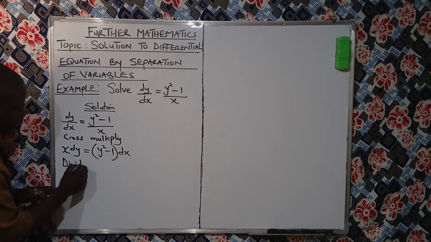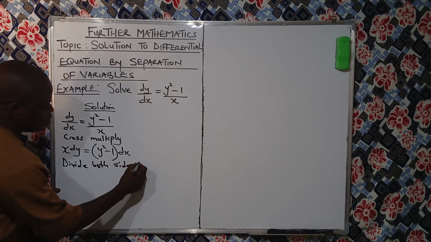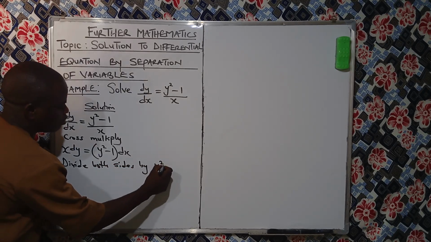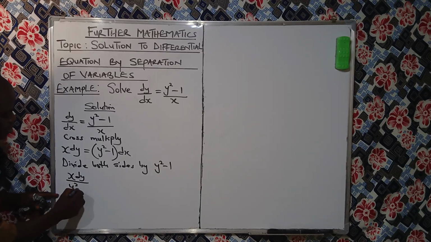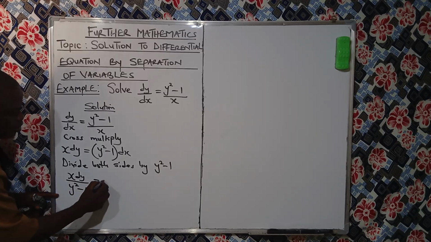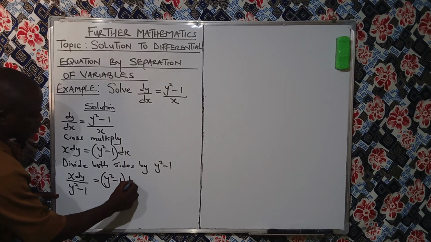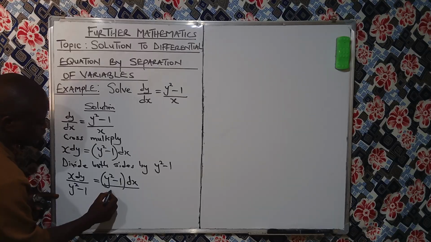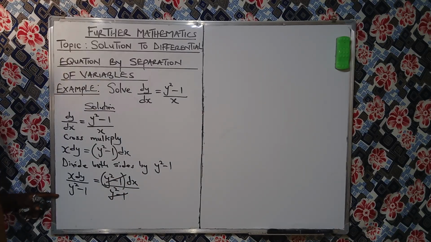Divide both sides by y squared minus 1. And now I have x dy over y squared minus 1 equals y squared minus 1 dx over y squared minus 1. It cancels out.